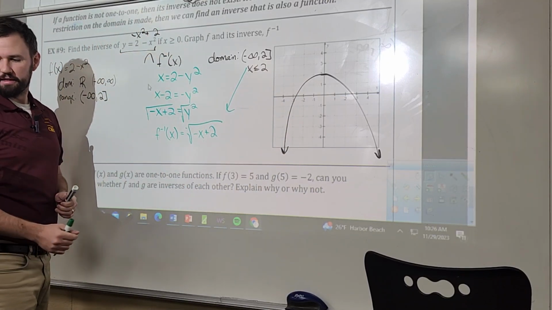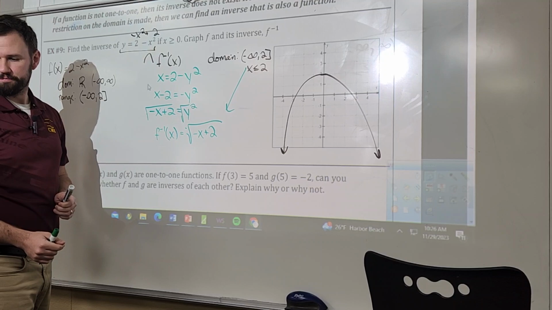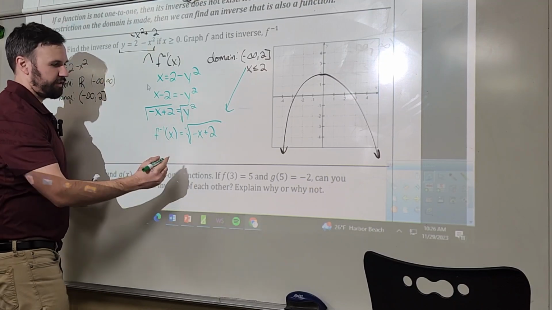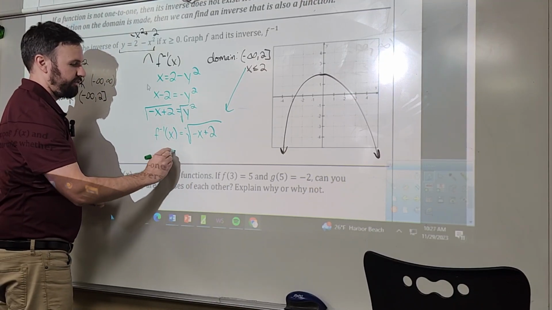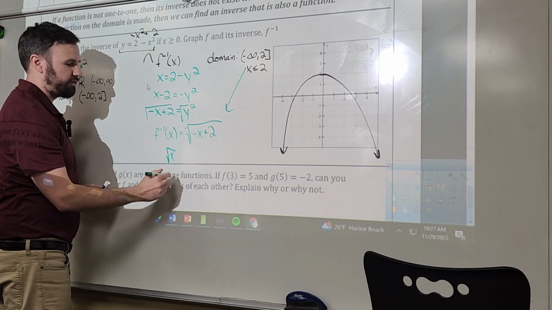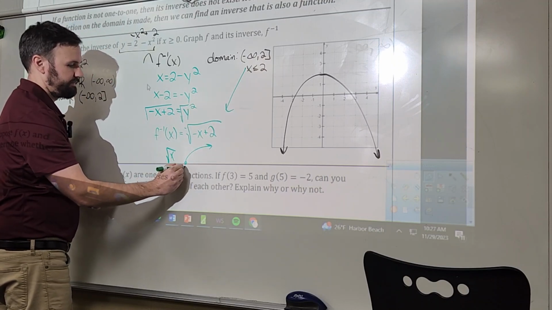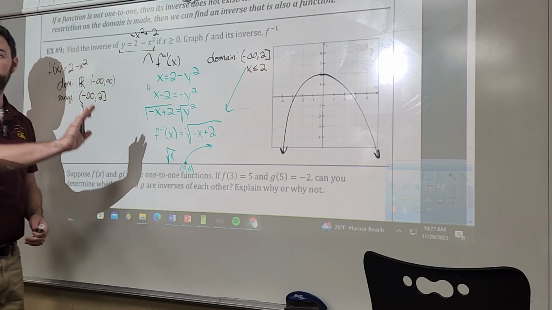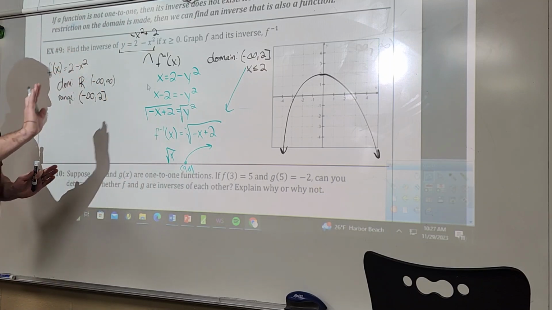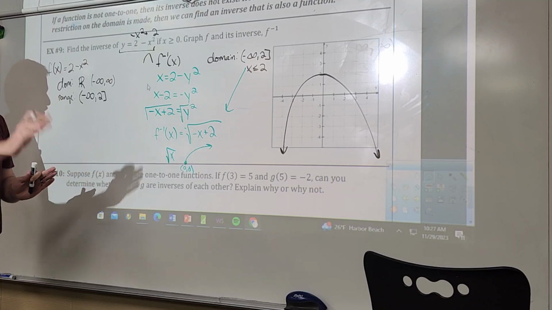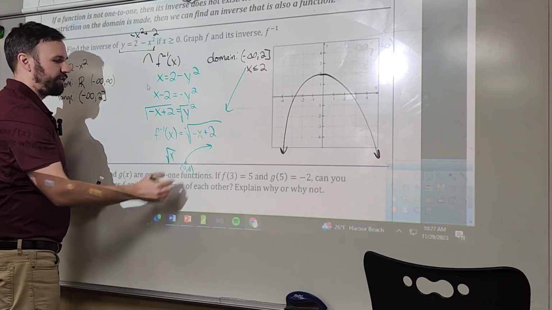Okay? Now think about this. Let's see if we can do this graph without using mirrors. Square root of x looks like this, agreed? At 0, 0. Do you agree on that? It's just a normal half parabola that starts at 0, 0. What's that negative x going to do?